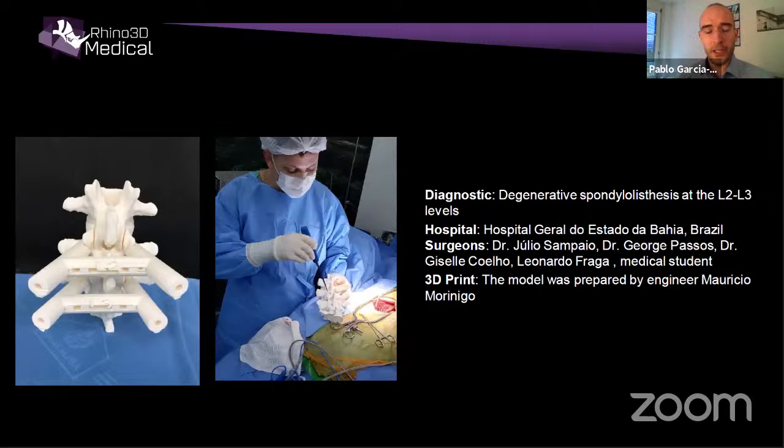This was really interesting, because he made all the preoperative planning, used the surgical guides in place, had a team of engineers creating the model, and also used virtual reality to visualize the model in real time.